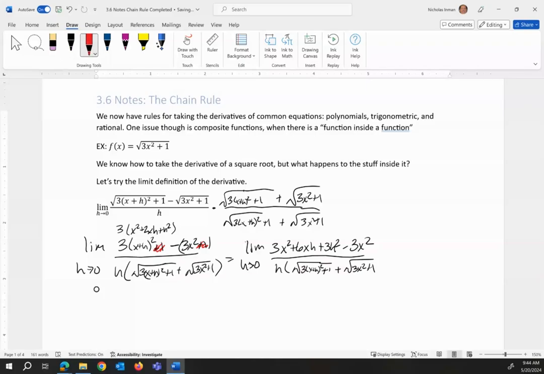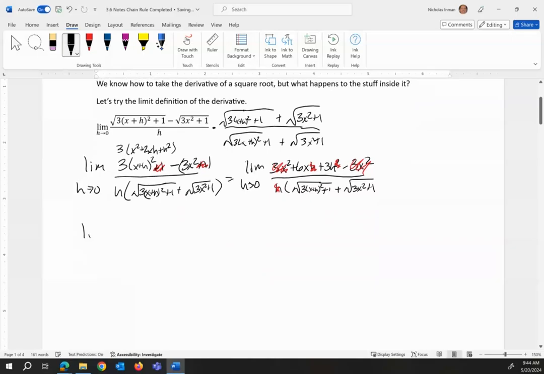Our 3x squared and minus 3x squared will cancel. That's great. Do you notice how everything on the top has an h? That's good because I have this h on the outside, so this h will cancel with that h.